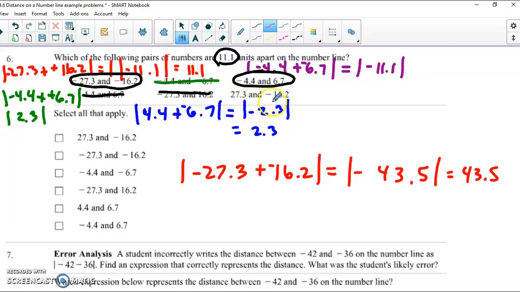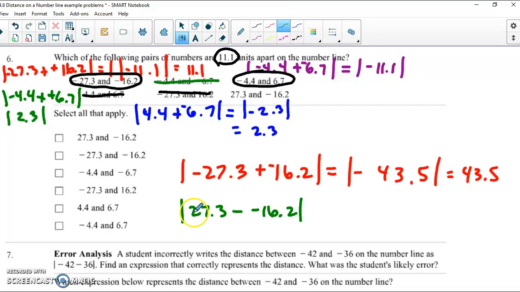And finally, let's check out 27 and 3/10 and negative 16 and 2/10. So I'm going to take the absolute value of the difference between these. So I'm going to subtract 27 and 3/10 minus negative 16 and 2/10. Since I'm subtracting with negatives, I will do same, change, change.